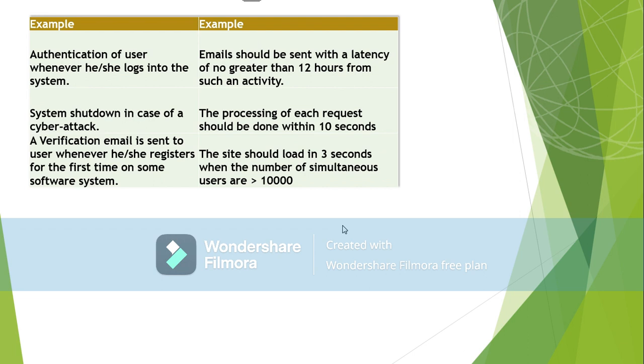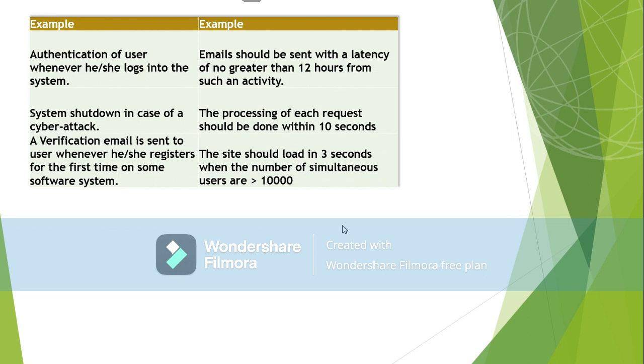The functional requirement can be, if your system is hacked, then your system should shut down. In that case, if you feel there is some hacking happening, it should shut down so that you have the least damage to your system, least damage to the data, and privacy of your system is least damaged.